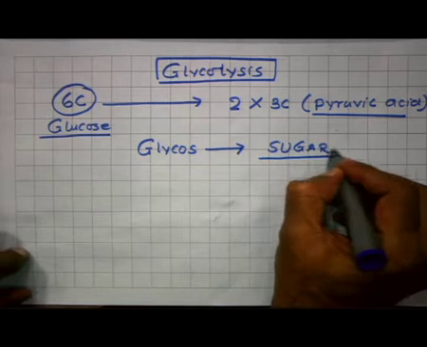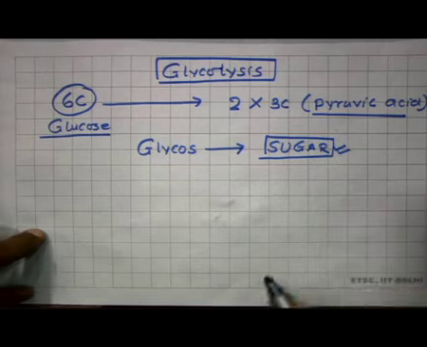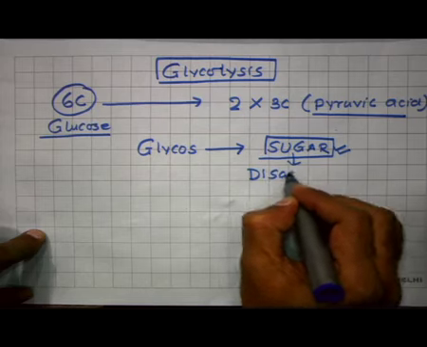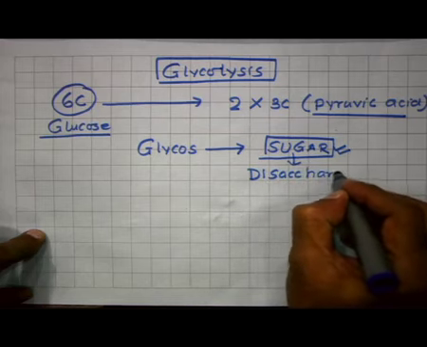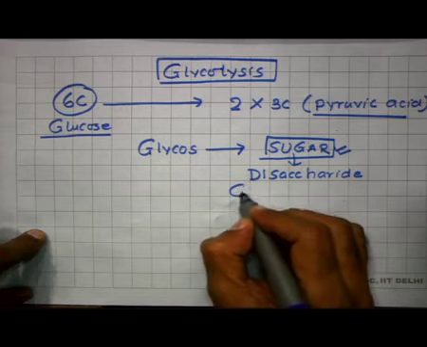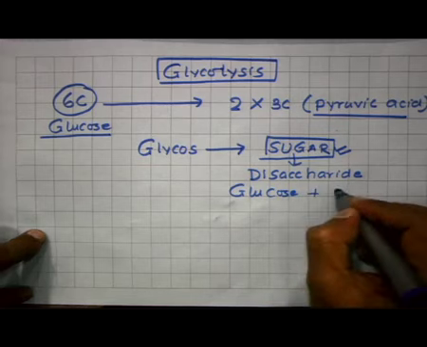We know that in my last class the product of photosynthesis is sugar, which is a disaccharide formed by glucose and fructose.